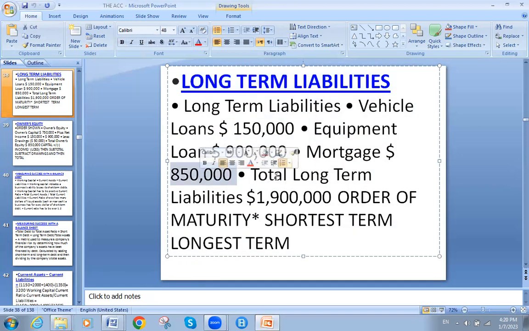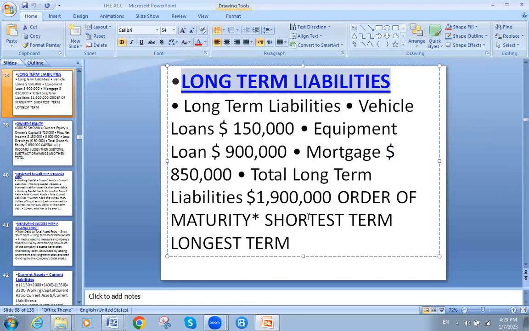If it's a mortgage for a short term, put it in the short term. If it is a mortgage for the long term, I will write long term between brackets like this, and then you put it in the long-term liabilities.